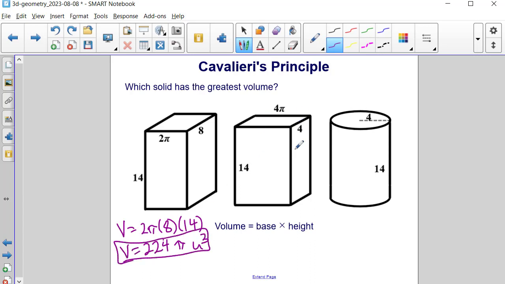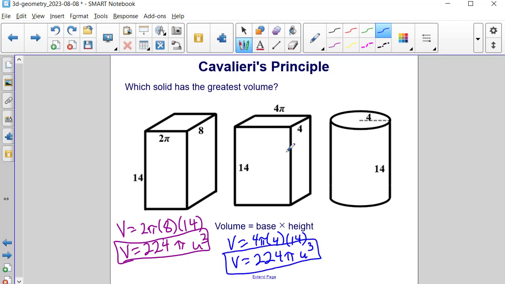Okay, now let's find the volume of this middle rectangular prism. So the volume here is going to be the length 4 pi times the width of 4 times the height of 14. Again, 4 times 4 is 16, times 14 is 224, so we have 224 pi cubic units for our volume.